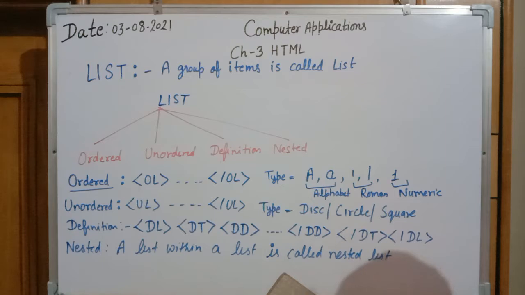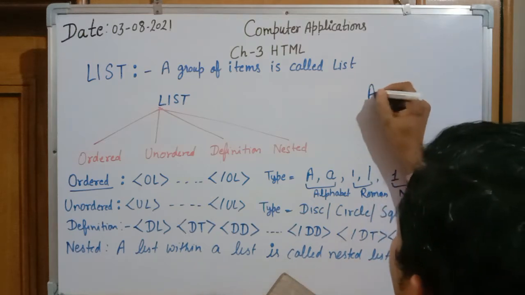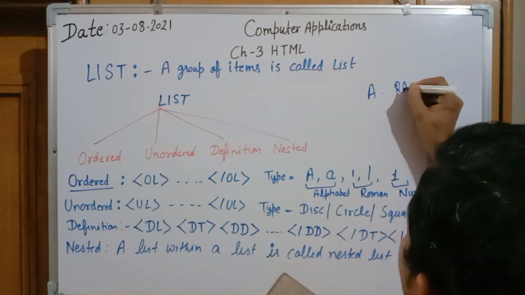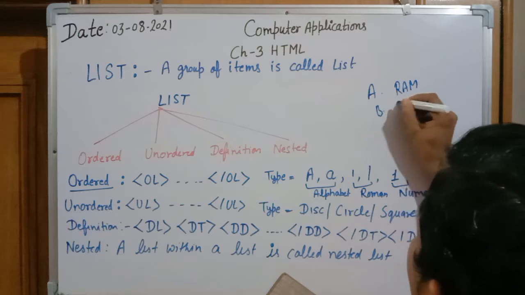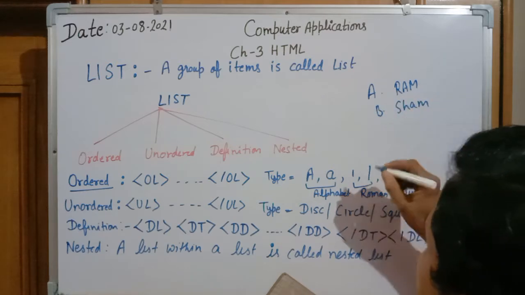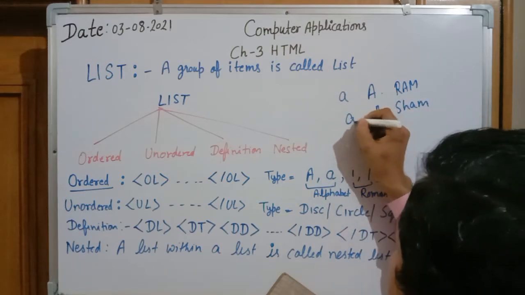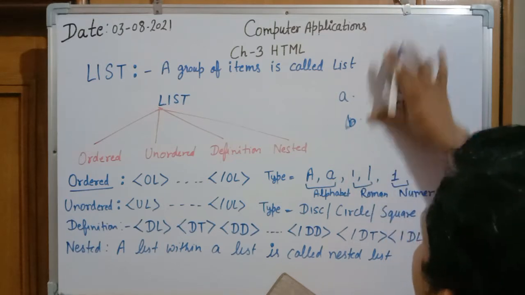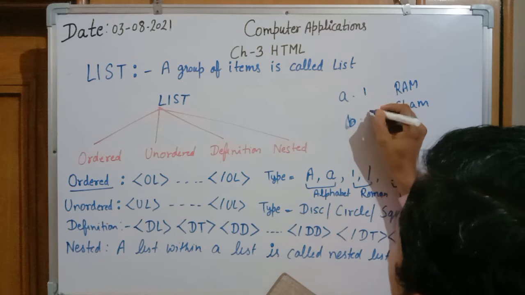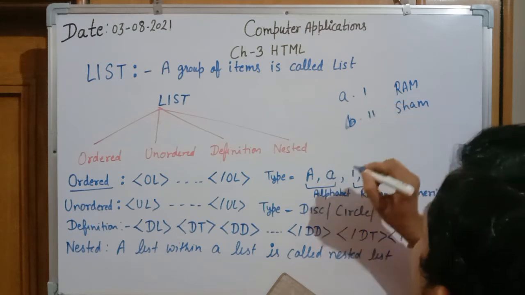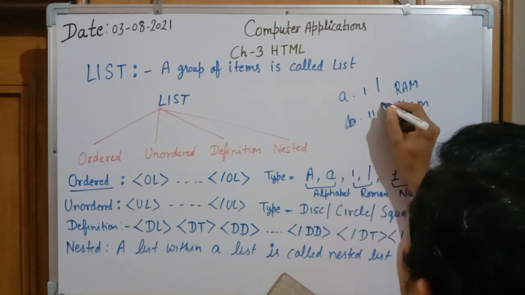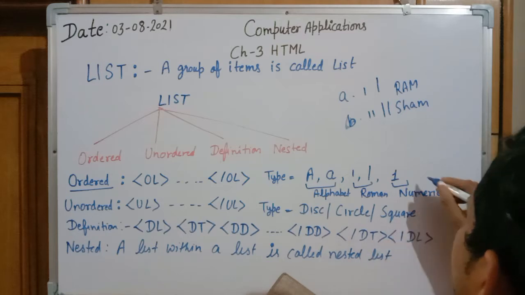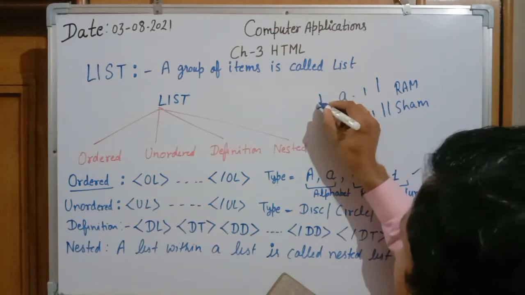We can take the list in alphabetic order like A, Ram, B, Sham. We can take small letters also like a and b. We can take Roman also like small Roman i, ii. We can take caps Roman also I, II, and we can take numeric also, that is 1 and 2.